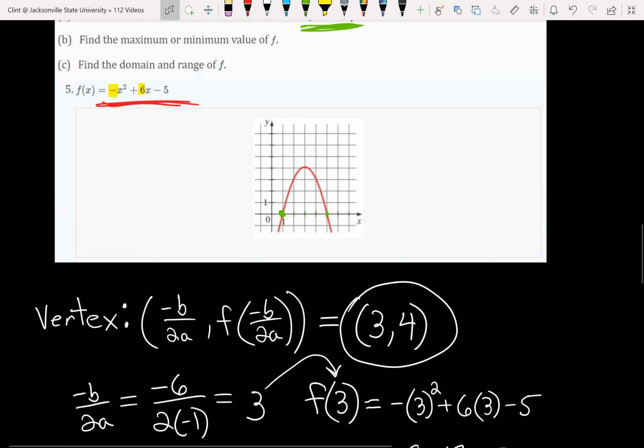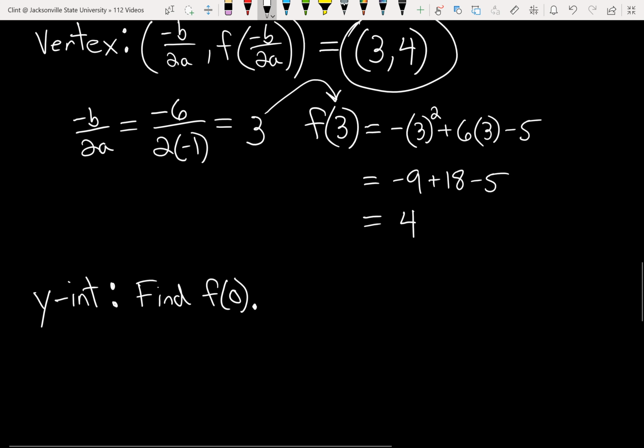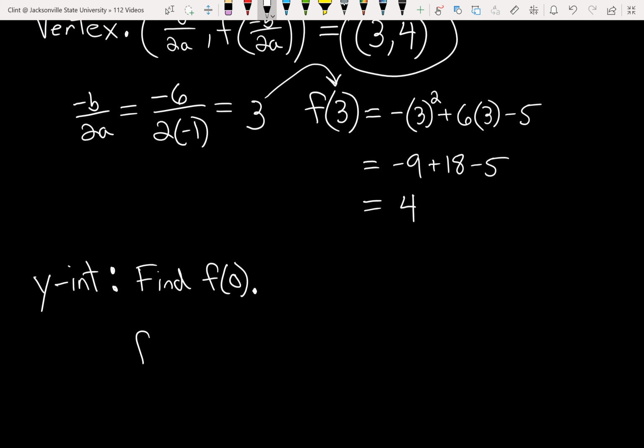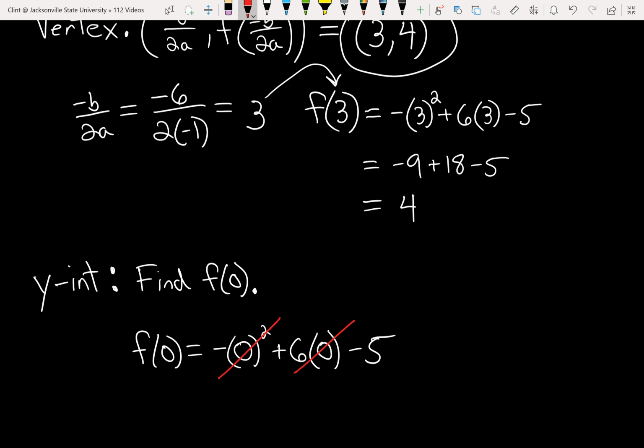So here's our function again, right up here. So we're going to have -0 squared plus 6 times 0 minus 5. And the good news is that anywhere we had an x and we put in a 0, those cancel out.